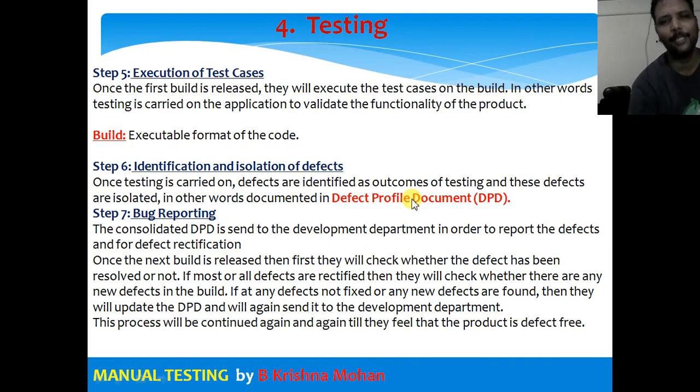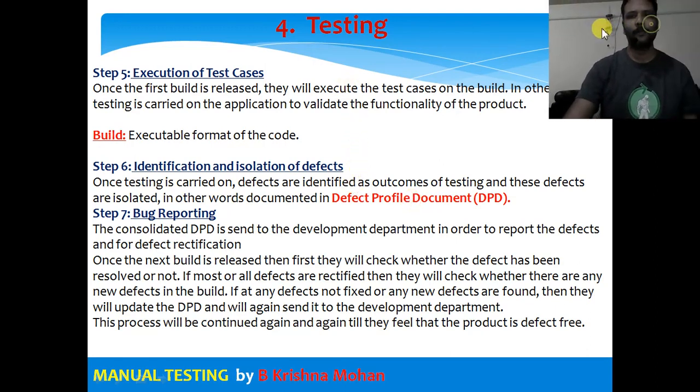The thing is that after executing the test cases, if any test case fails, then we have to raise a defect in the defect profile document, separately. This means we should not take that test case out; the test case will be there, but for that test case one defect has to be raised. In further classes we will see how defects are raised.